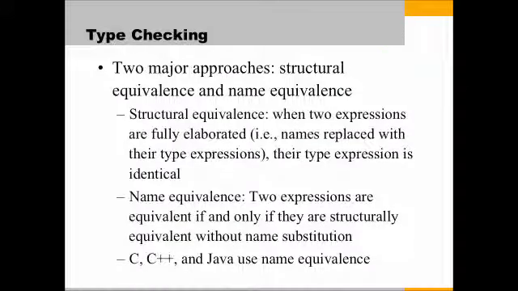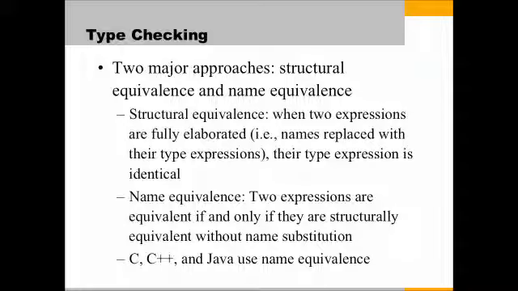Then there are two major approaches to type checking: structural equivalence and name equivalence. Structural equivalence simply says that two expressions are considered equivalent if their type expressions are identical once we've fully elaborated them, meaning any names are replaced with their type expressions.